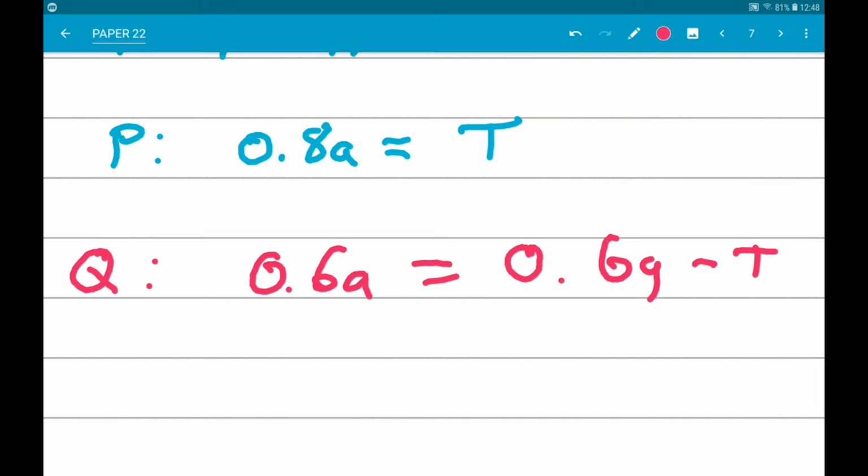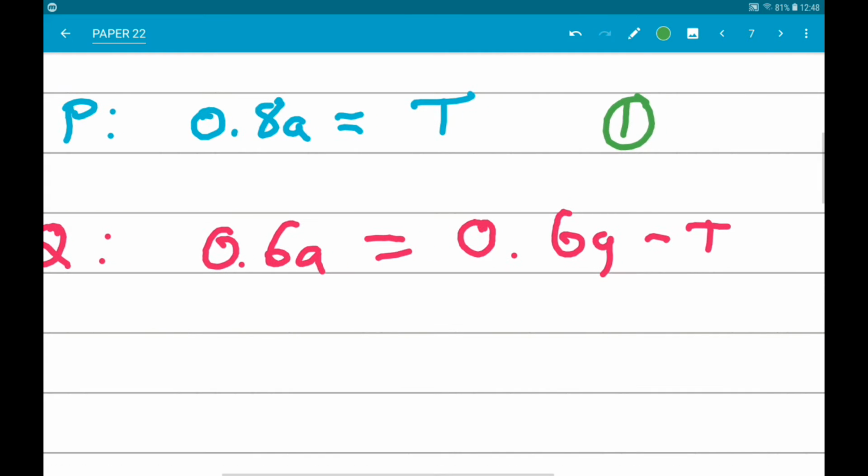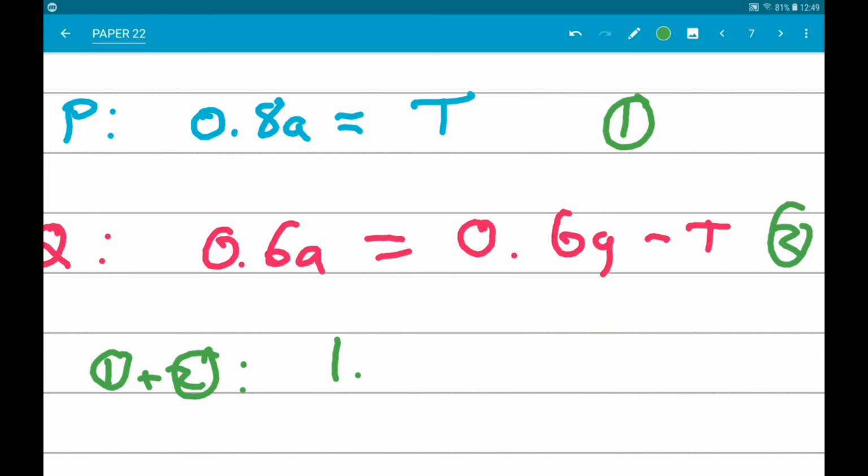We want to get rid of T, so if we call them 1 and 2, we need to add them together. So we get 1.4a is equal to 0.6g.